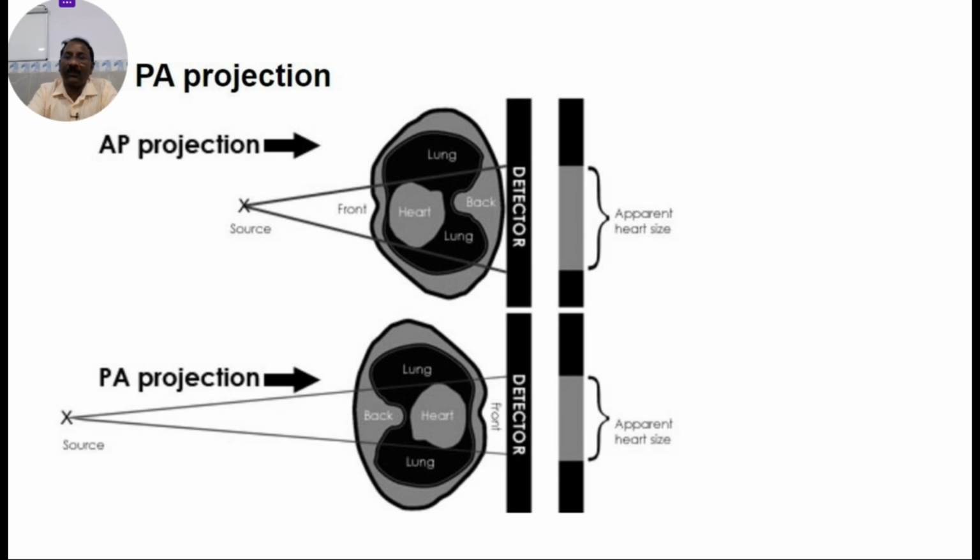So this is the AP projection. Look at the apparent heart size. In the PA projection, the heart size is not enlarged. So that is the reason for the apparent cardiomegaly in AP films.